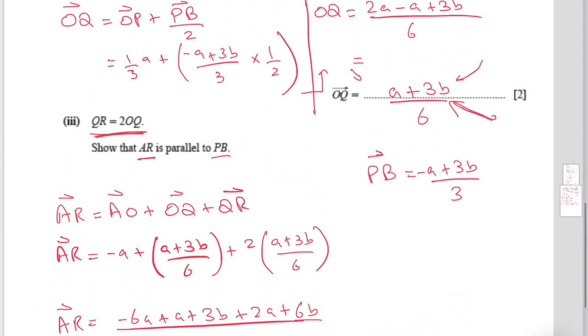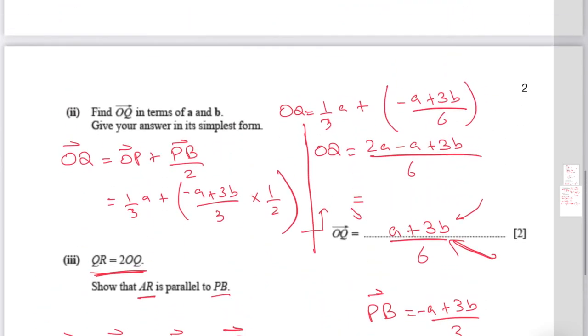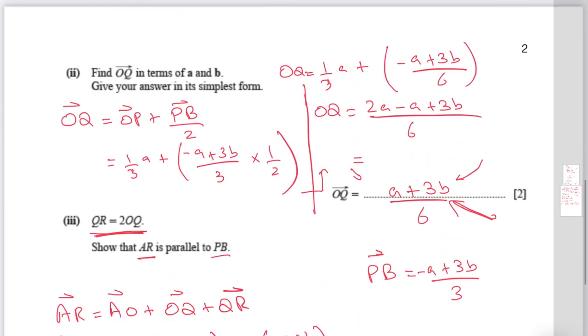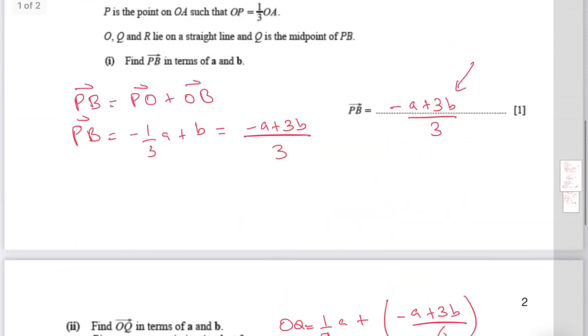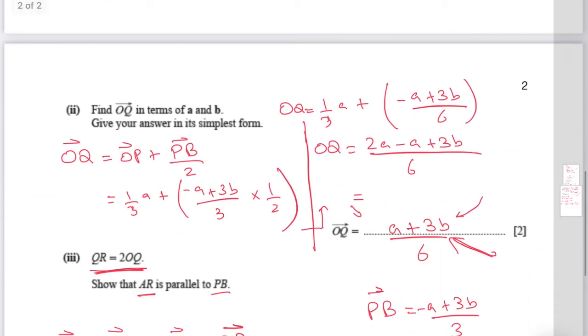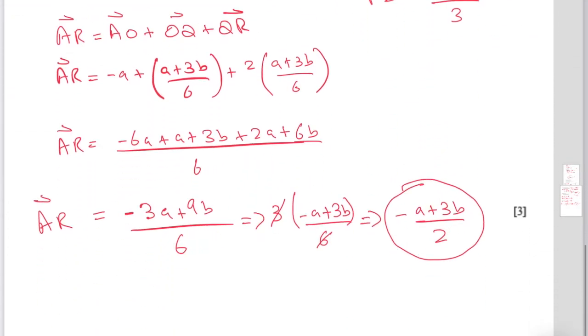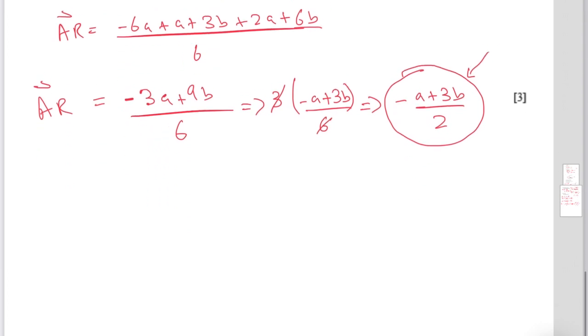No, this is equal to, what is it equal to? PB, where is PB? PB is this. Okay. Yeah. So this is the vector that I got.